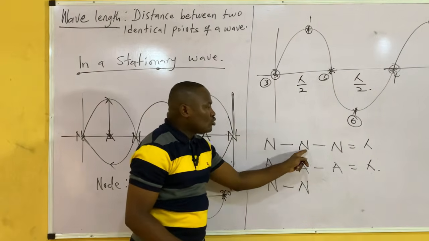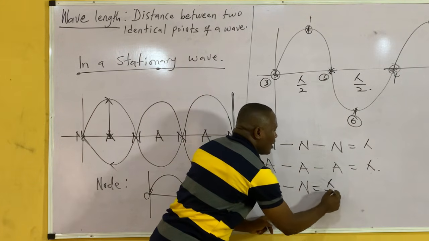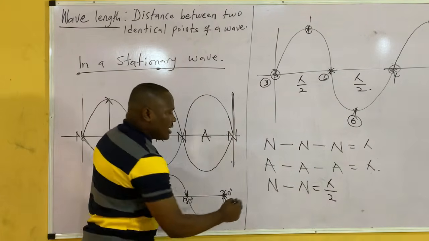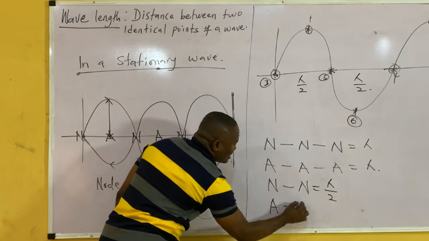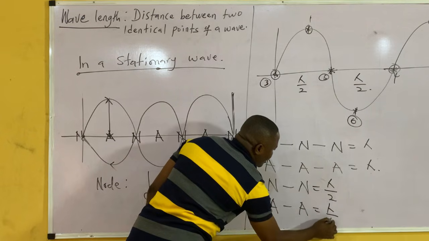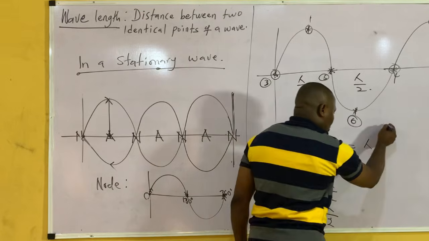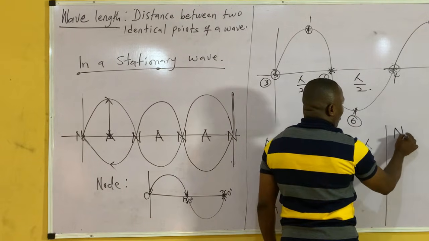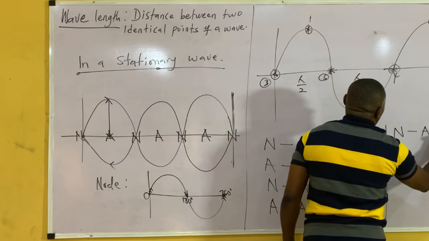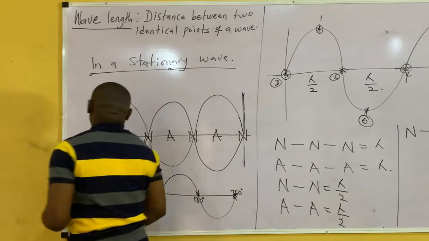So between two successive nodes, what you have is equal to half the wavelength. Then antinode to antinode is actually half the wavelength. Then what about a node to an antinode? Therefore, a node to an antinode is actually one quarter the wavelength. I'll show it to you here.